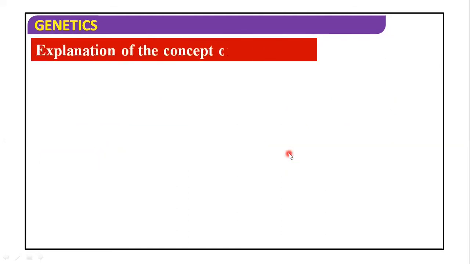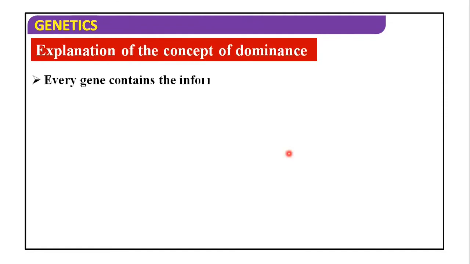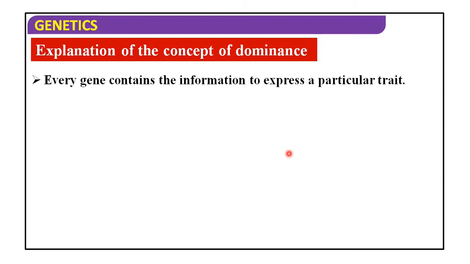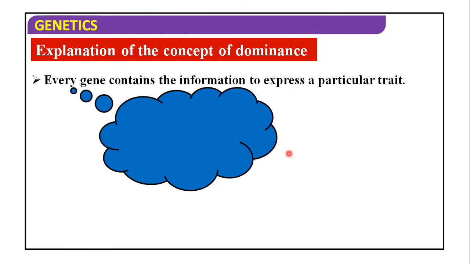Now, we will see the explanation of dominance. The concept of dominance is that every gene contains the information to express a particular trait. In previous videos I also explained that every gene carries a particular trait to transfer that trait to the next generation.